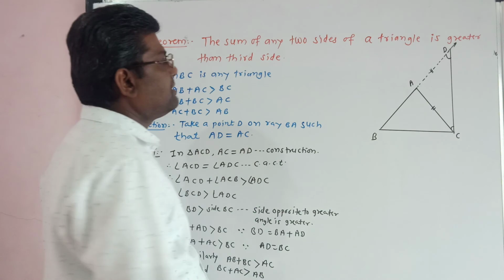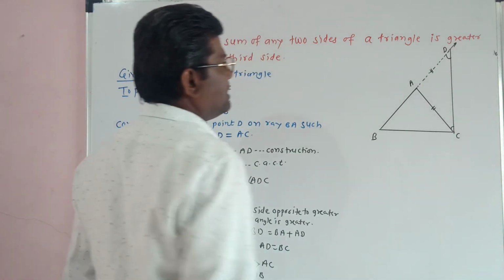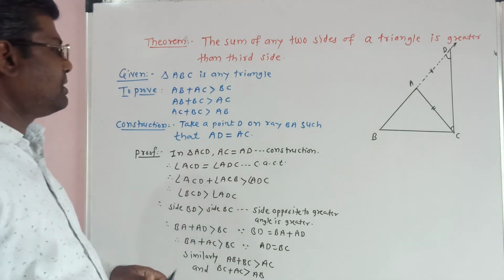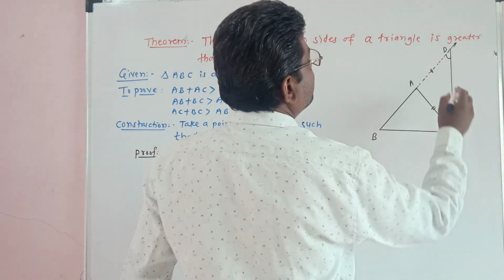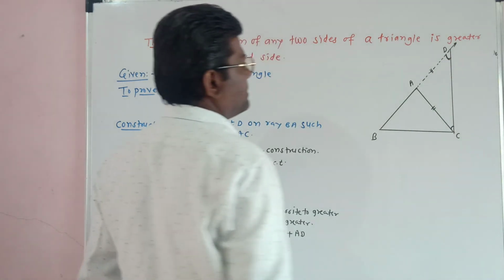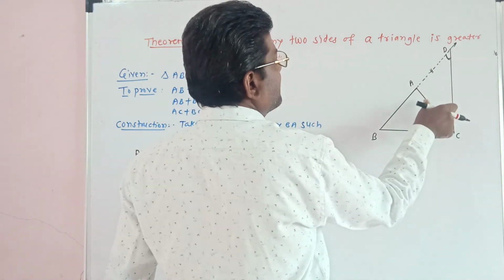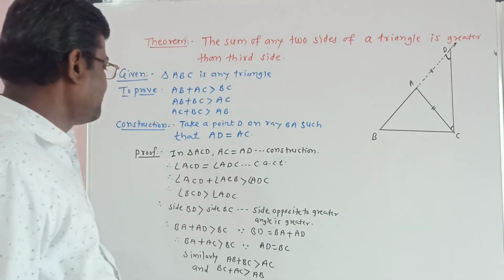Now take a point D on ray BA such that AD is equal to AC. AD equal to AC is a construction. Now in triangle ADC, angle ADC and angle ACD are congruent because AD is equal to AC, according to the isosceles triangle property.